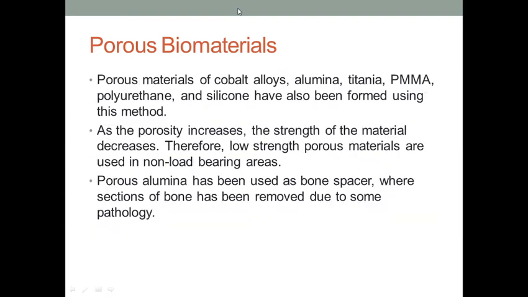So porous material of cobalt alloys, alumina, titania, PMMA, which is polymethyl methacrylate, polyurethane, and silicone can also be formed using this method.